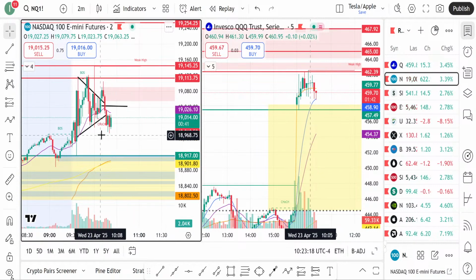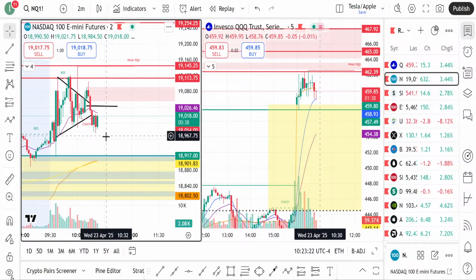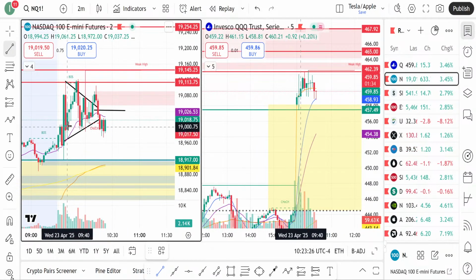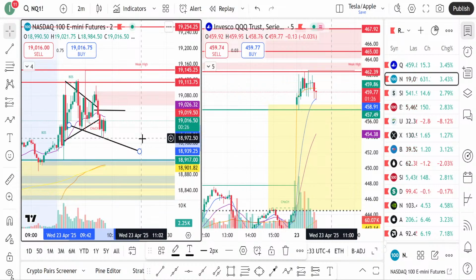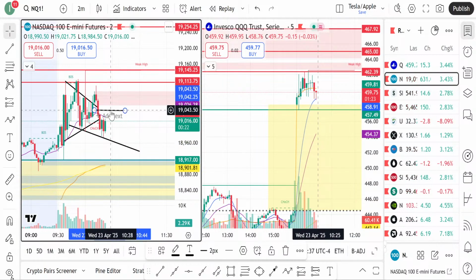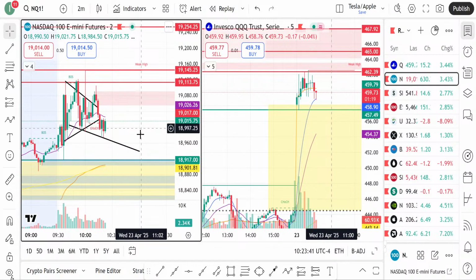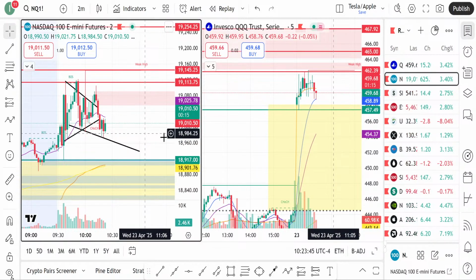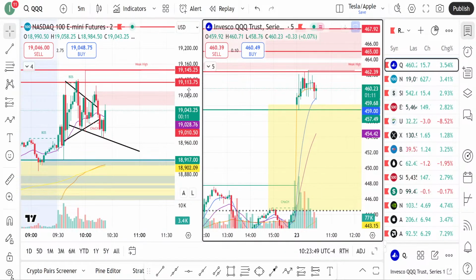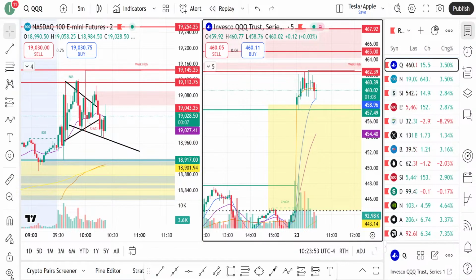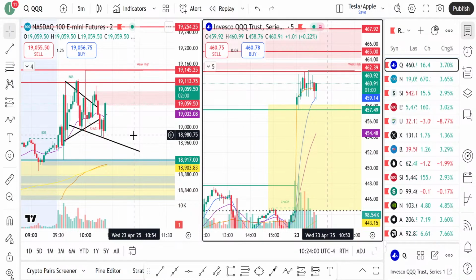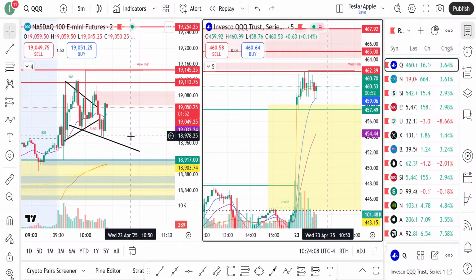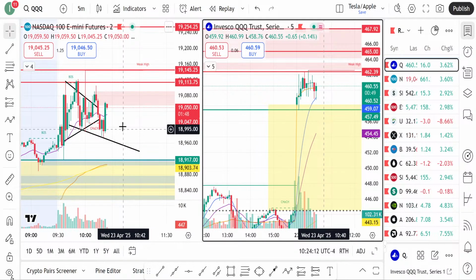All right, this is looking like a double bottom down here. This could be a trap as well. Yeah, market's a little out of control here, so be careful.